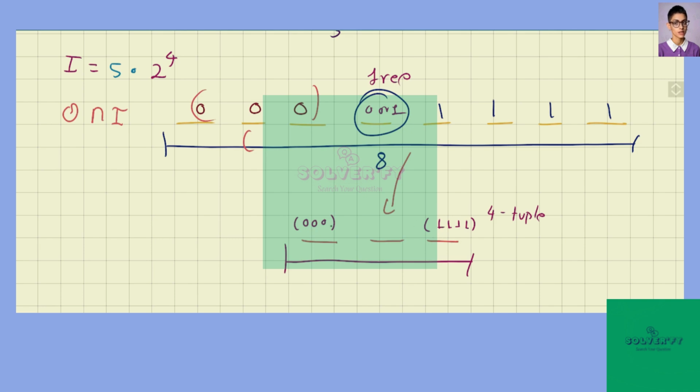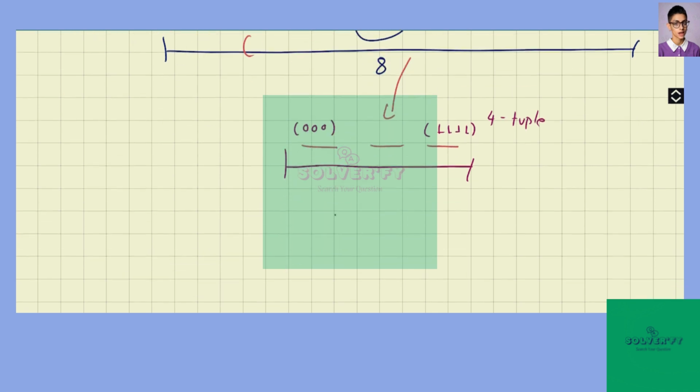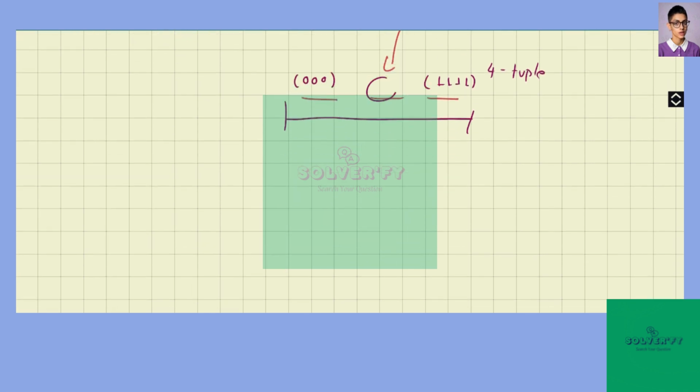So let me put this in a better way. We have 3 positions, and let's see how many combinations of positions we have.